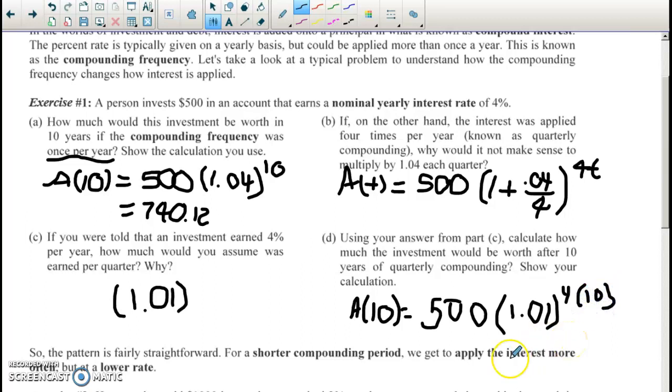Type this in, you are going to see that if we compound quarterly, we have $744 and 43 cents.